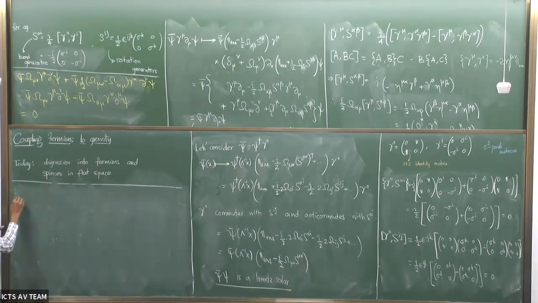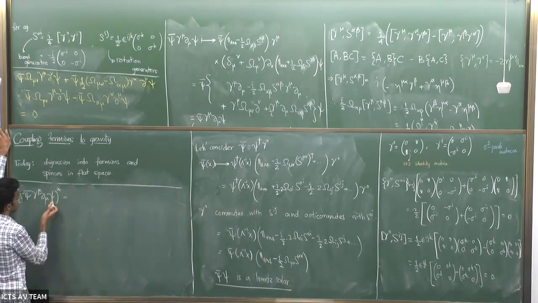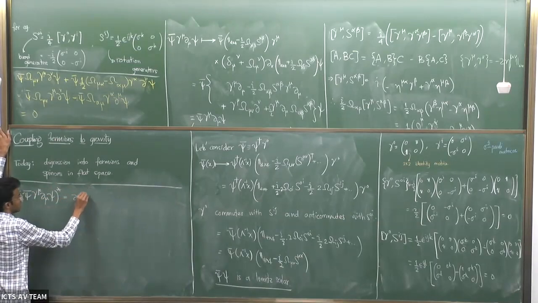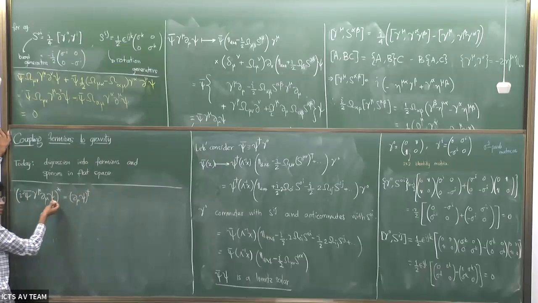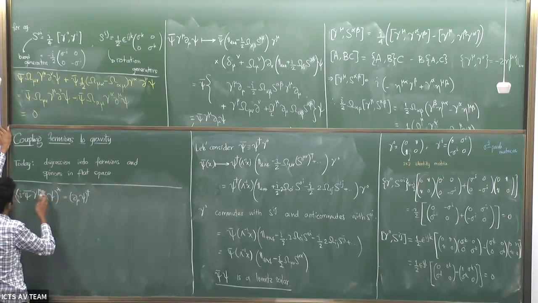So let's consider i psi bar gamma mu del mu psi, and I have to show that the star is the same, that this is real. So let's do it. So how do you act a star on this? This will go front and put a dagger on it, because star is the same as dagger when you have a number. So del mu psi dagger, and the i will become a minus i.